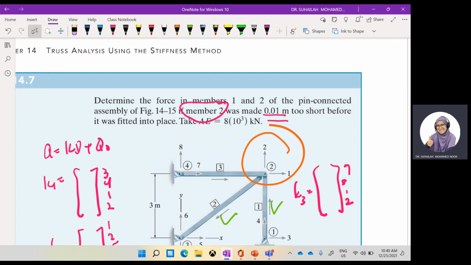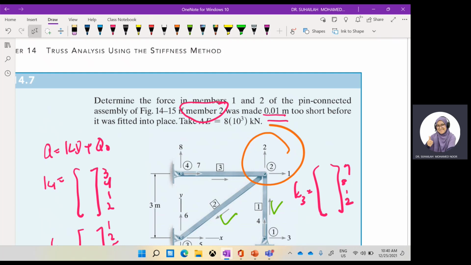Remember the effect of temperature changes and fabrication error, because in a truss there is no UDL. In a truss, it is very seldom that we have a point load on a member, not like a beam. But the Q naught, or equivalent element nodal forces, in a truss may come from temperature changes or fabrication error, because these two affect members.